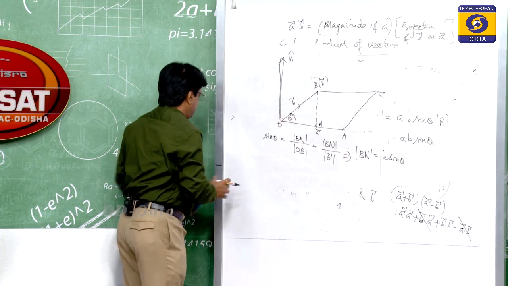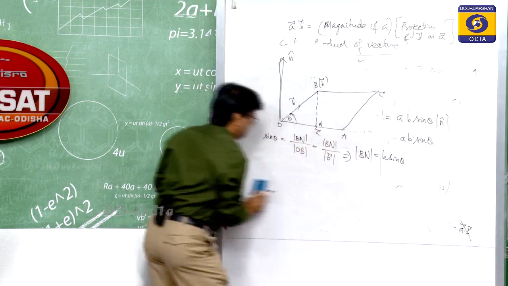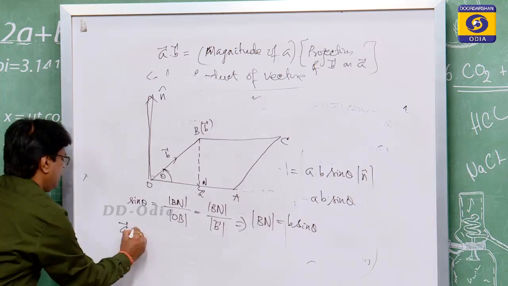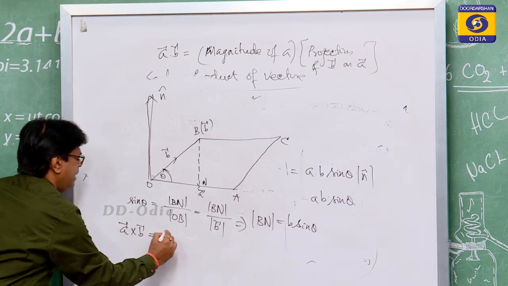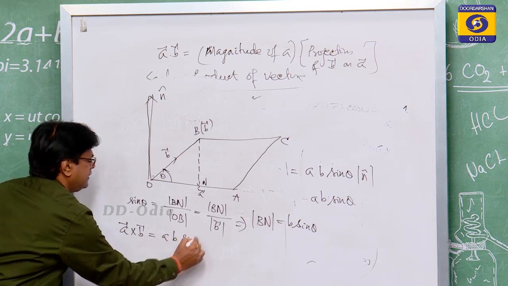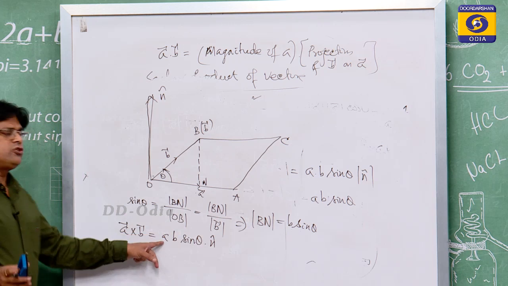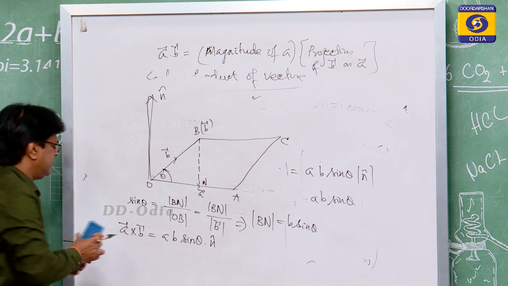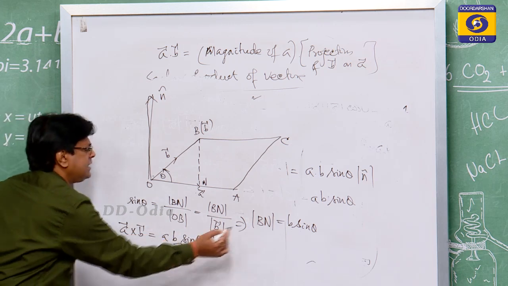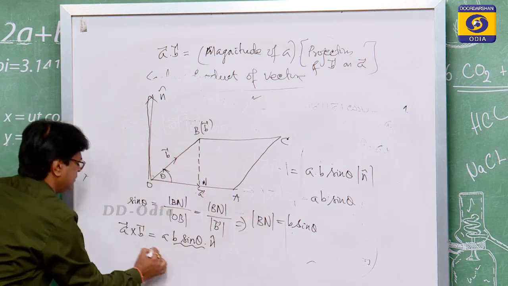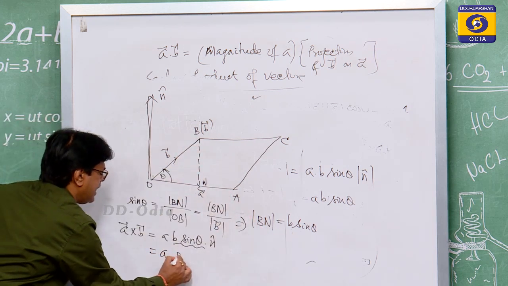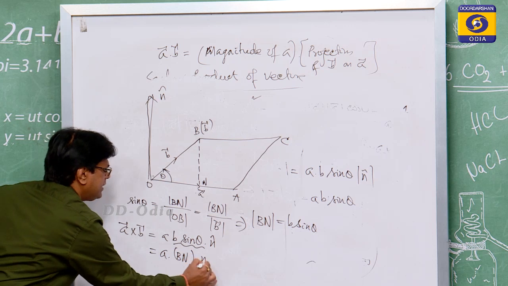So, A cross B, we have already stated, is A B sin theta into n cap, where A B means the magnitude of A vector and the magnitude of B vector. So, B sin theta is nothing but BN. So, A into BN into n cap.